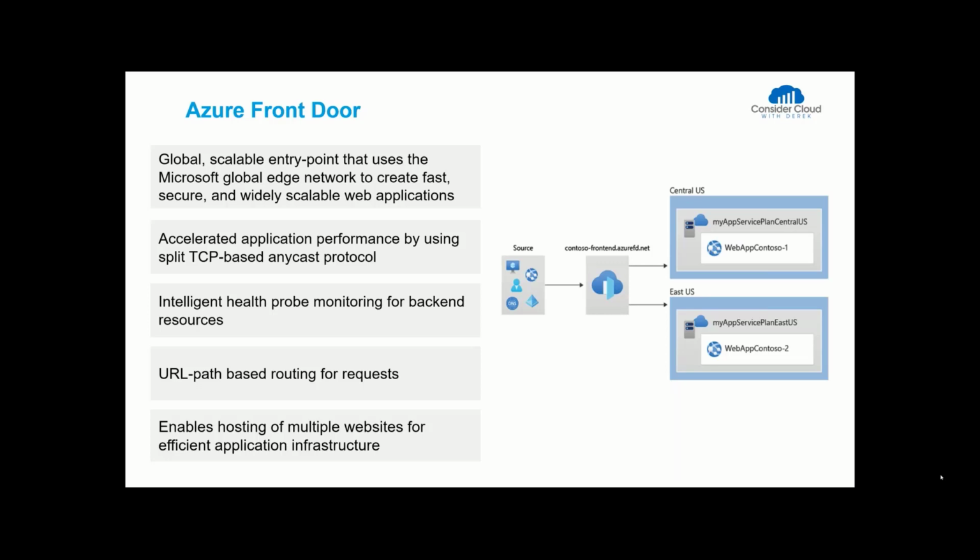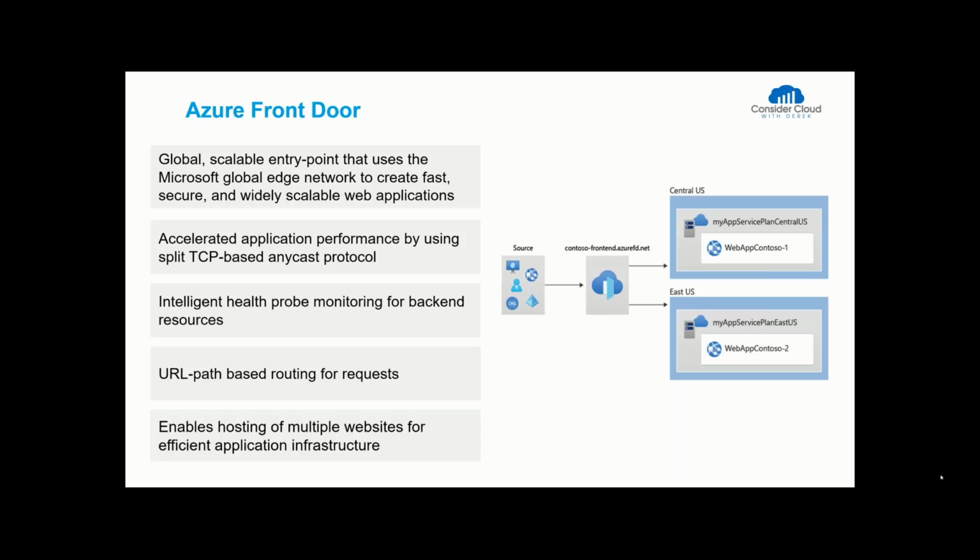And it doesn't even have to be inside of Azure. It can be on-prem. It could be over in AWS. It could be over in GCP, right? It really doesn't matter. As long as it has a public IP, you can put Front Door in front of that. Now, Front Door does provide quite a wide range of traffic routing methods.